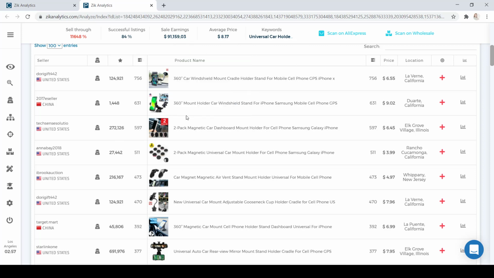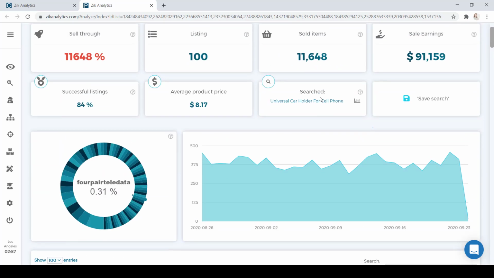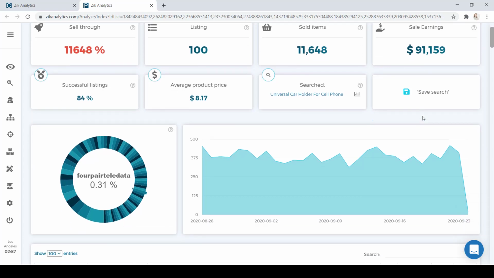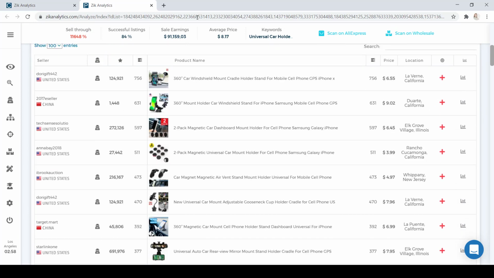of course the titles. So just going back to the stats, you can see that this universal car holder for cell phones generated a lot of sales, as well as sales earnings. So you can tell that it's a very interesting as well as a good niche. So going back to the amount of feedback.